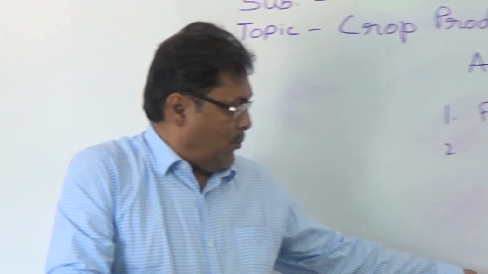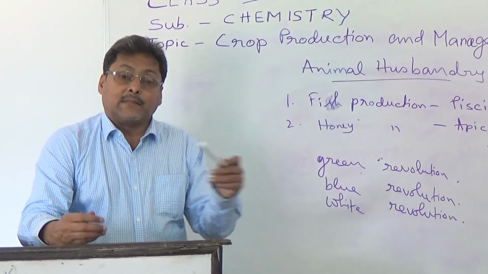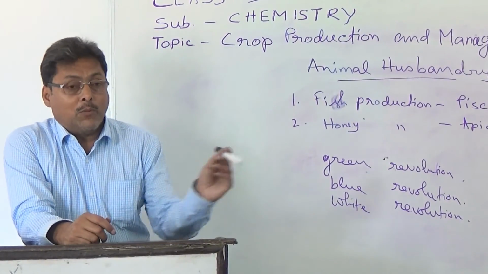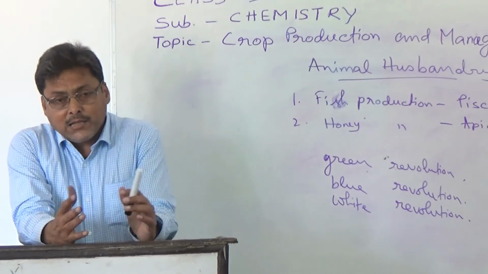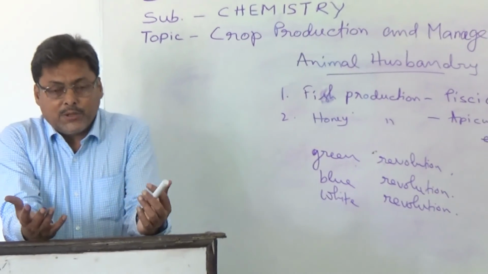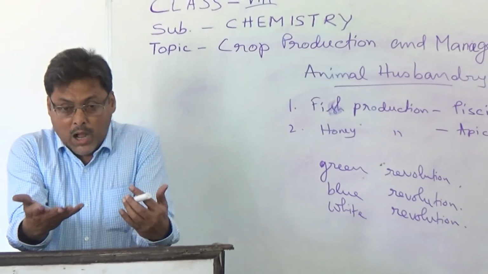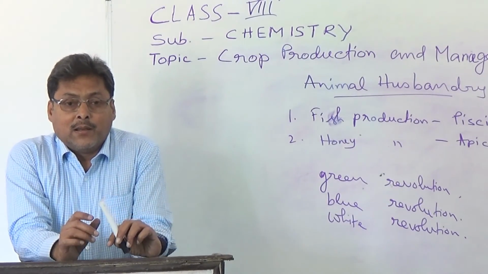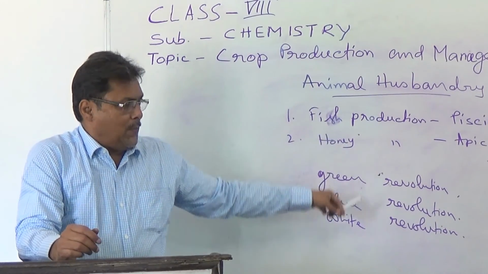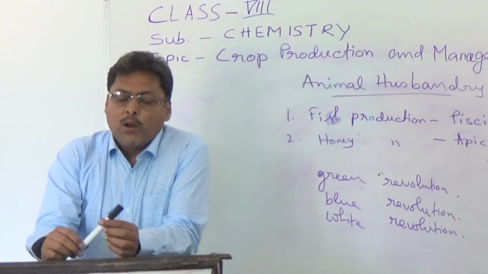We call it the White Revolution. And another term, Blue Revolution, is used for fish production. So much fish we are producing every day through the cultivation of fish, pisciculture. We call it the Blue Revolution. These are the major terms that you should also learn at this stage.